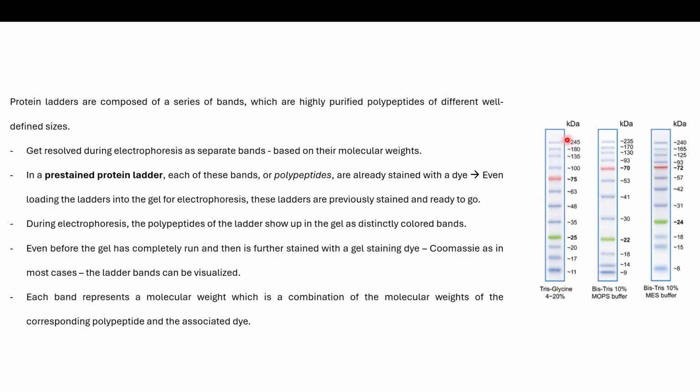Based on how far this particular marker has run, you can even run it till this part also. When I talk about running the gel, it means how far this dye has run. Suppose this 11 kilodalton is the last one, you can take the risk of moving this sample completely out of the gel.